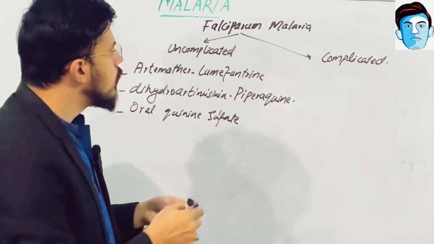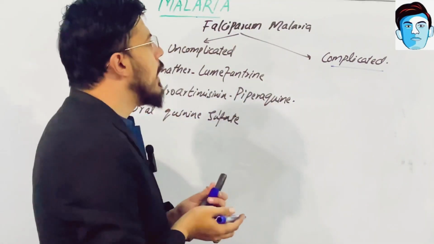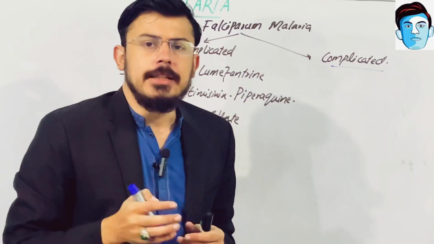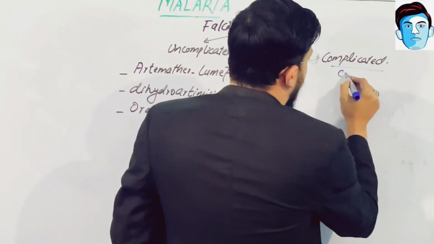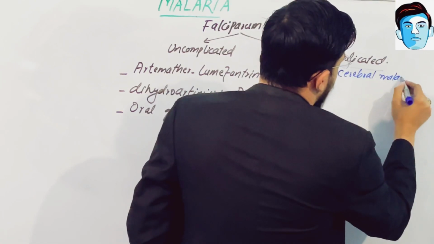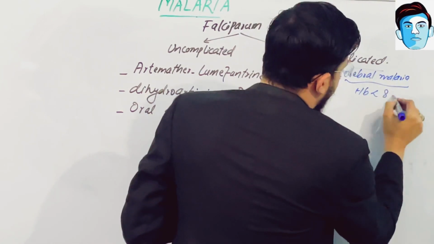While if we talk about complicated falciparum malaria, it means that now the falciparum penetrates into the brain. So that is cerebral malaria. In cerebral malaria, the patient has HB less than 8, right?